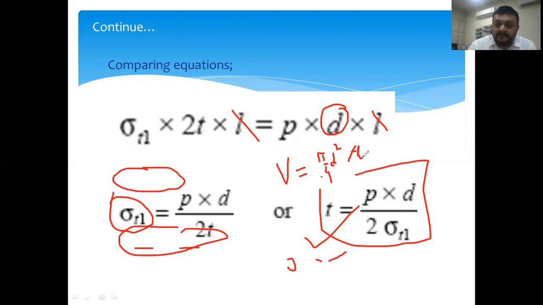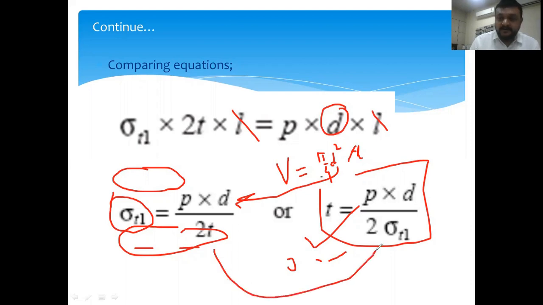In case length and volume are given, you can find out the diameter, and then use this D to calculate T. Ultimately, in the design of the pressure vessel, you have to calculate the diameter and thickness. If the diameter is not given and capacity is given, we can easily find the diameter from the volume equation, and then follow the stress equation to find the thickness, for all pressure vessel cases.